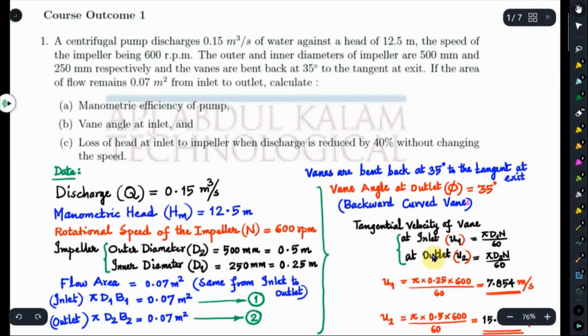Since the RPM is given, you will be in a position to find out the tangential velocity or peripheral velocity of the vane at inlet and outlet, that is U1 and U2. What is U1? U1 is pi D1 N by 60 and U2 is pi D2 N by 60. The tangential velocity of vane at inlet U1 is equal to pi into diameter at inlet 0.25 meters into 600 rpm divided by 60.